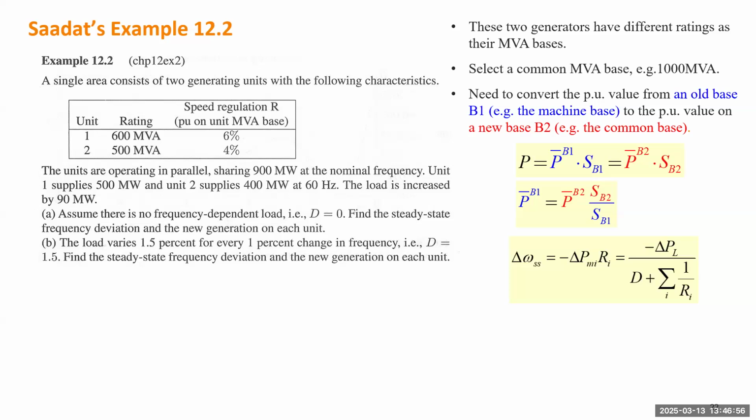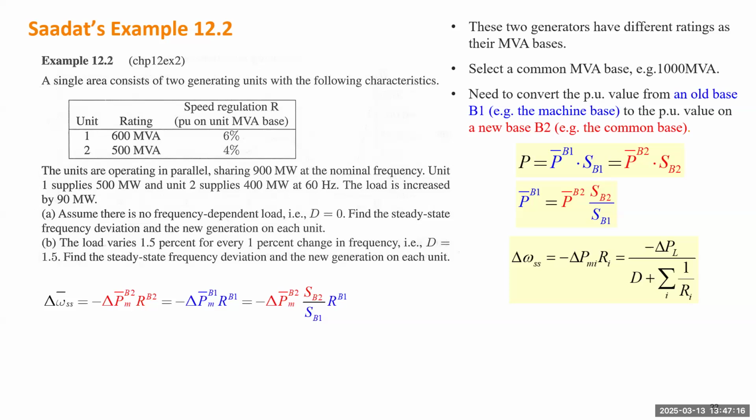Then we come to this equation. The steady state frequency deviation is equal to the negative delta PM, which is the power change on each unit, multiplied by the regulation factor, and also depends on the load change.